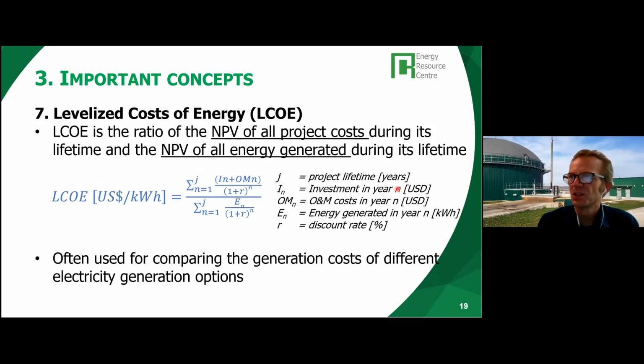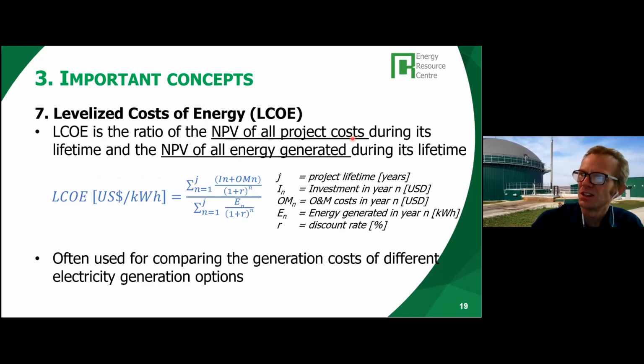The levelized cost of energy. I don't really think we have the time to look at it closely. I present here the formula. Basically, you look at the net present value of all the project costs.